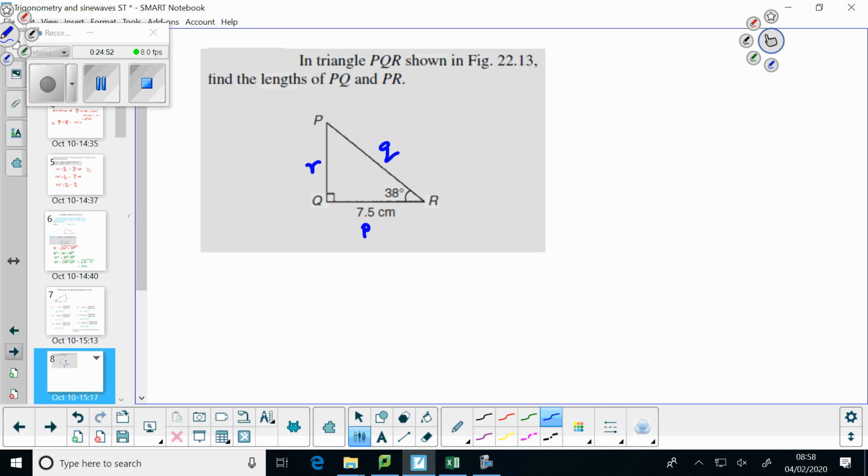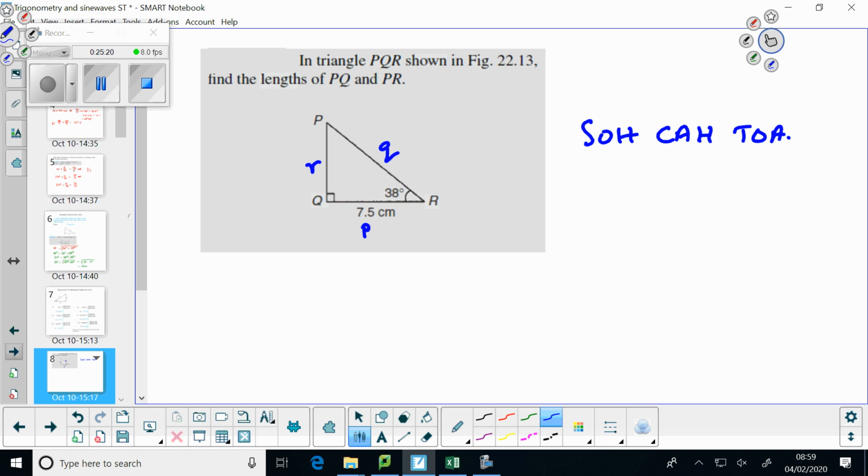What ratios can we use to relate p and q to the angle 38 degrees? Yeah, cosine. You guys have all been taught SOH CAH TOA. I was taught, some officers have curly auburn hair till old age.